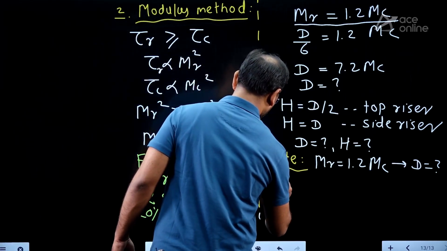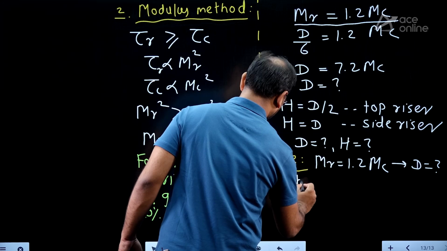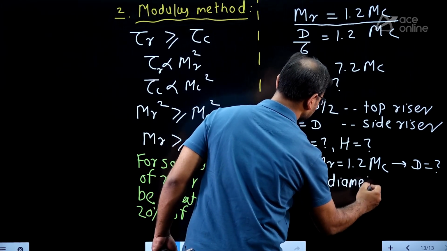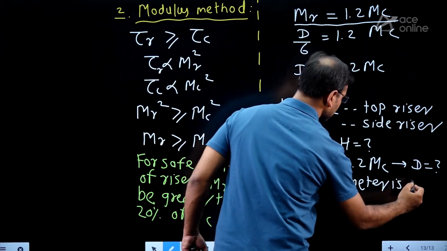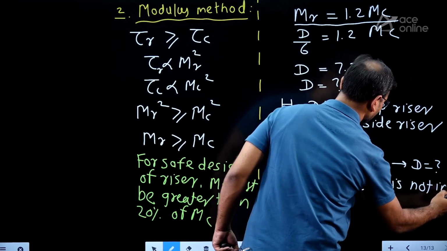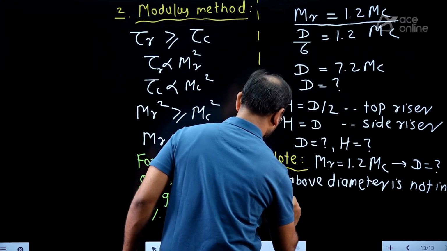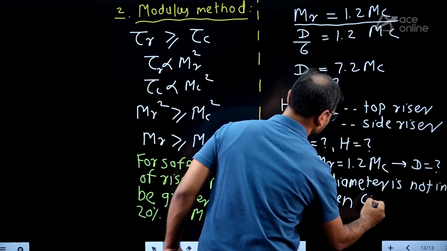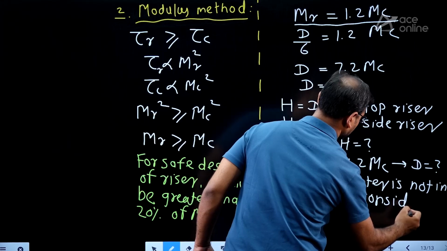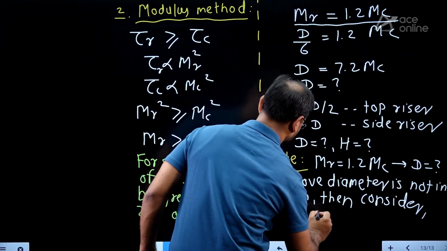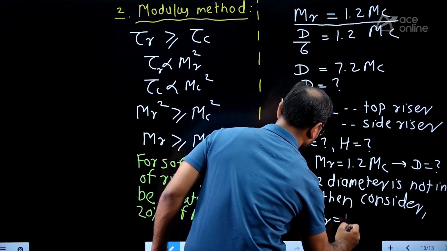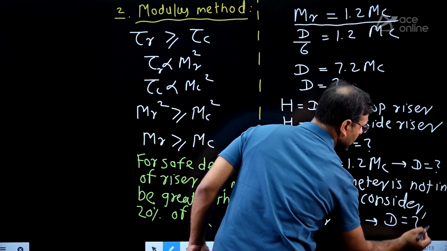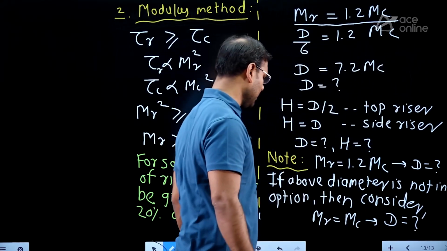If the above diameter is not in the options, then consider MR is equal to MC and then calculate the new diameter.